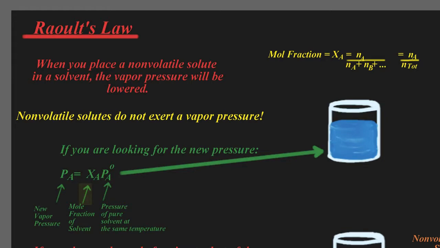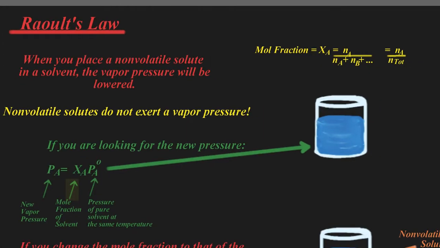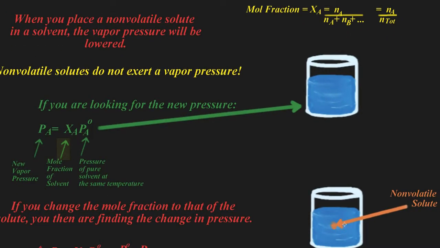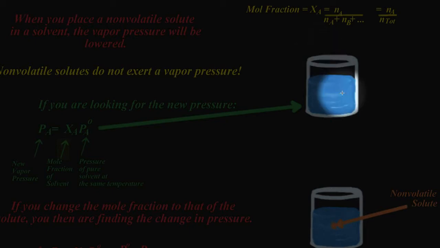Okay. The next concept would be dealing with molality and the associated changes when you place solutes into a solvent like that. That solvent will either decrease its freezing point or increase the boiling point.